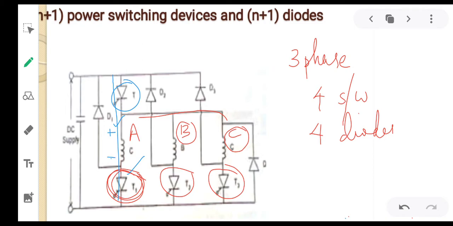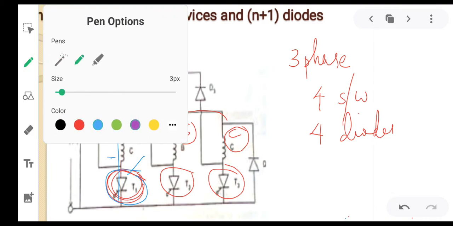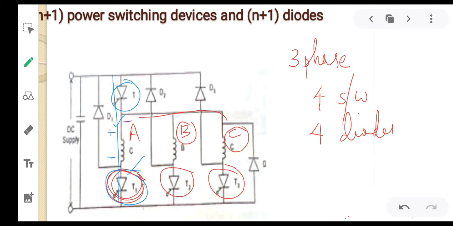Now in order to excite the next phase, you have to remove the triggering for T1. So what happens when T1 and T are turned off? The polarity will become like this, minus here, plus here. This plus will make the diode D1 forward biased, and this minus will make this D forward biased.